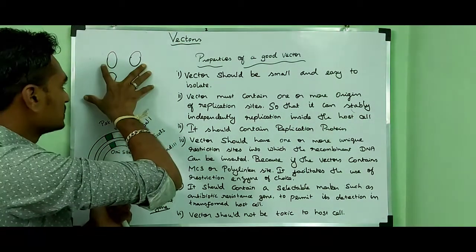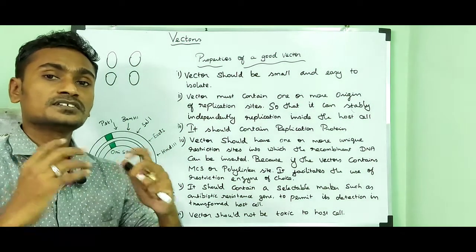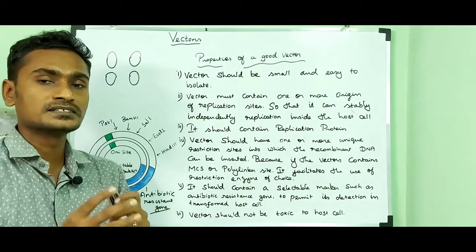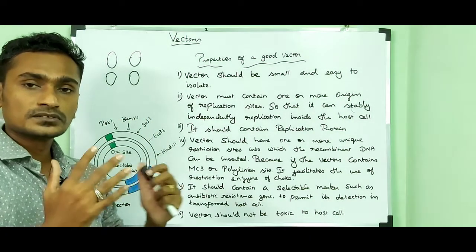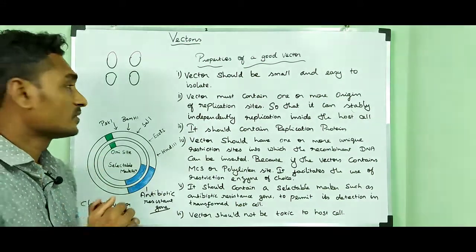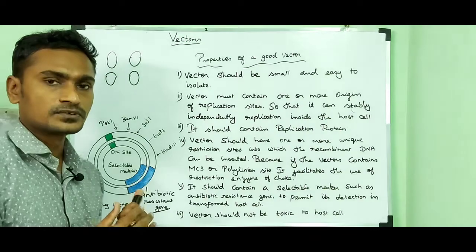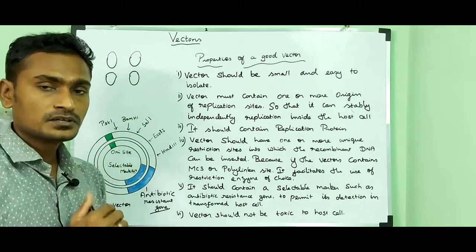These two plasmids, which contain recombinant DNA, show resistance to the antibiotic. Others may not grow in that culture. So with that we can isolate the transformed cells. For that purpose we need a selectable marker.